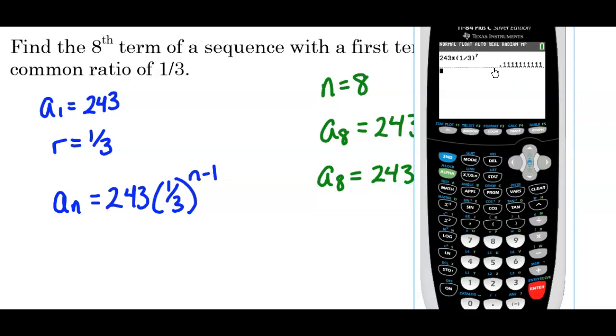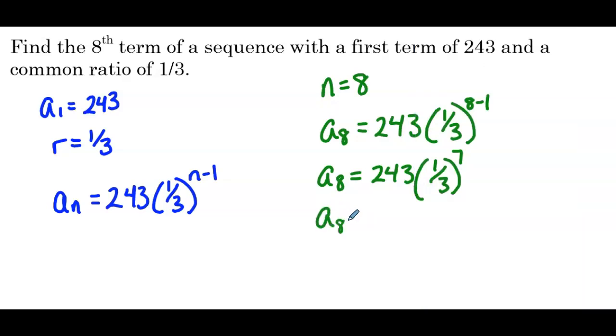Now that gives us a repeating decimal. It'd be much nicer if it was a fraction, so we can hit the math key, and the first choice is arrow frac, which means it's going to turn a decimal into a fraction if it can. So we hit that, and hit enter, and it becomes 1/9. So the 8th term of this sequence is 1/9.